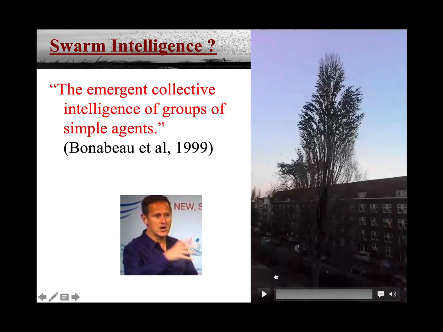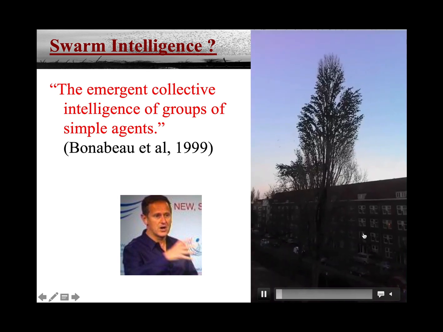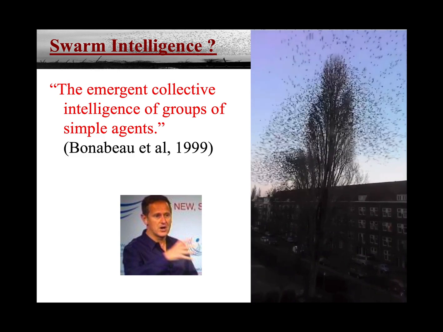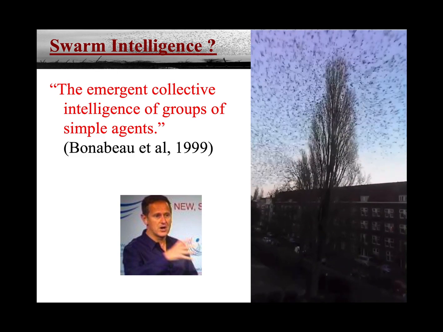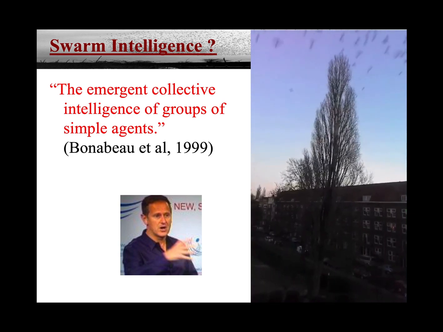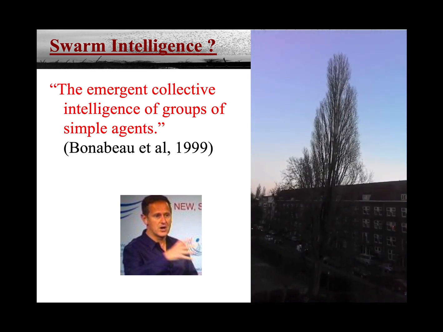You can see here, it's just a 10-second video. In this video you can see that there are certain birds on this tree, and suddenly they started flying in different directions, and after a few seconds all the birds started flying in the same direction.